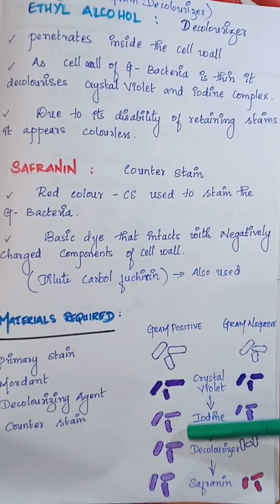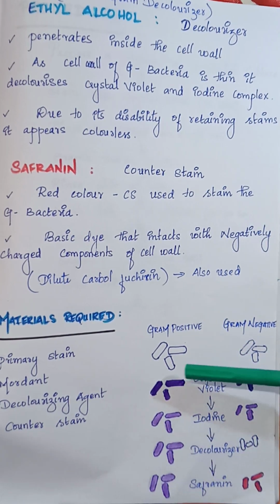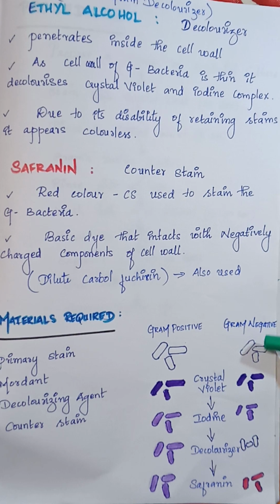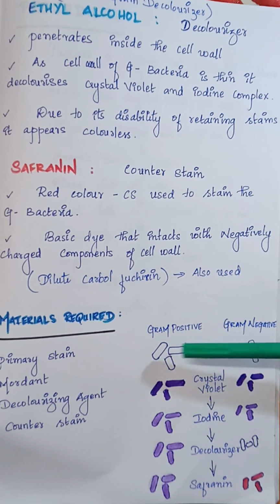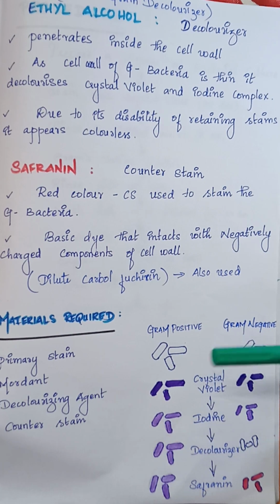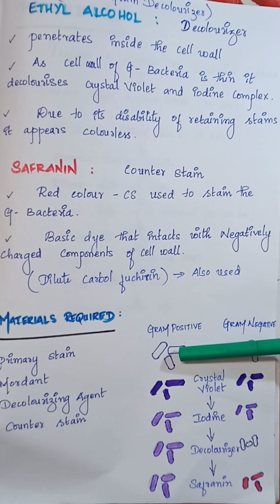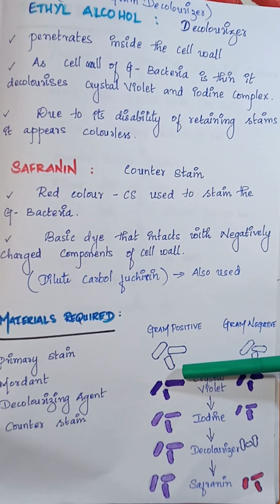See, this is the gram positive bacteria, how it reacts with the stains. Okay. Now this is the gram negative bacteria reacting with the stains. Okay. Now we'll be taking the gram positive bacterial smear, and we'll pour crystal violet.